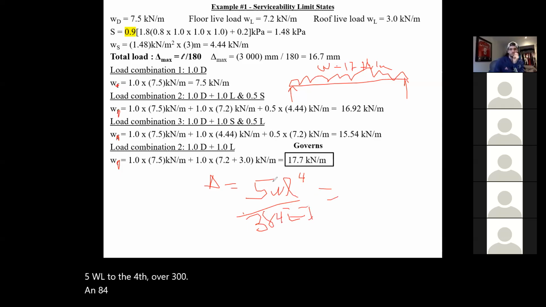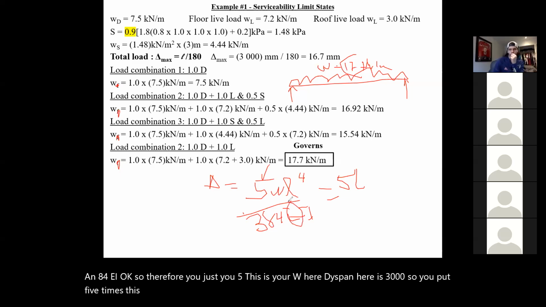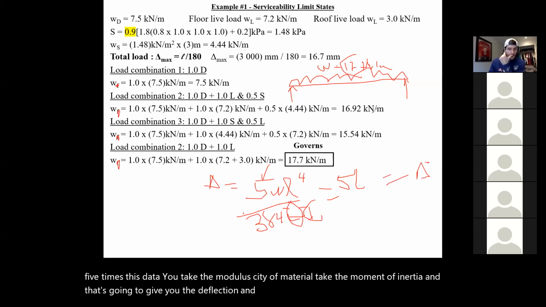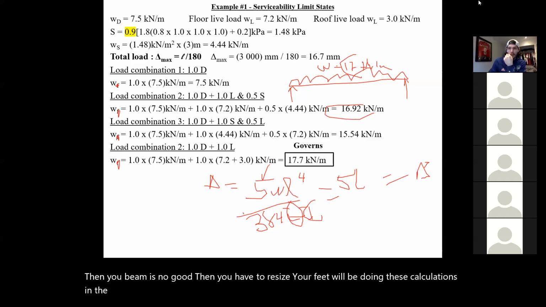So therefore, this is your W here, the span here is 3,000, so you put 5 times this. You take the modulus of elasticity of your material, you take the moment of inertia, and that's going to give you the deflection. And if this deflection is greater than that, then your beam is no good. Then you're going to have to go resize your beam. And we'll be doing these calculations in the example, so don't worry about it.